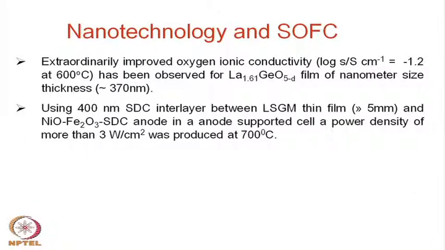Using 400 nanometer SDC, this is cerium, interlayers, okay, interlayer between LSGM. This is strontium and magnesium doped lanthanum gallate. This is pure lanthanum gallate. Here it is actually strontium and lanthanum that improves the expansion coefficient, also, sorry, the electrical conductivity as such.